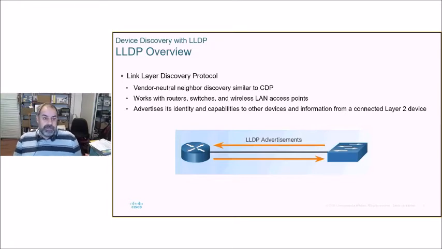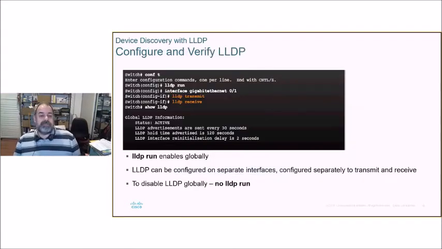So pretty much the same, but if you do it in global config mode, instead of cdp run, it's lldp run. If you wish to do it on a per interface basis, you can set transmit and receive.